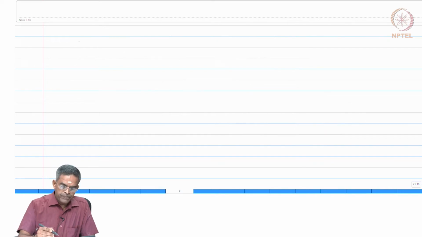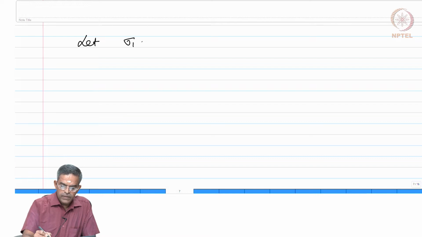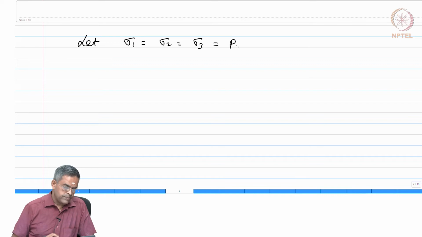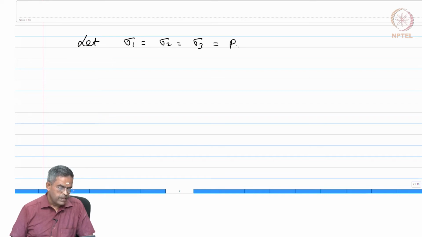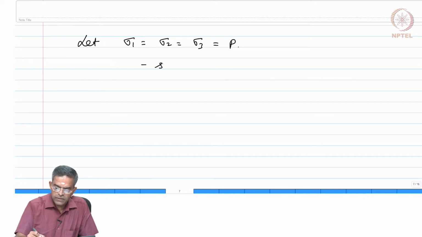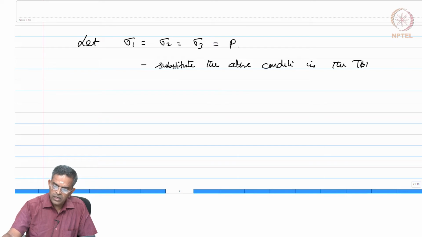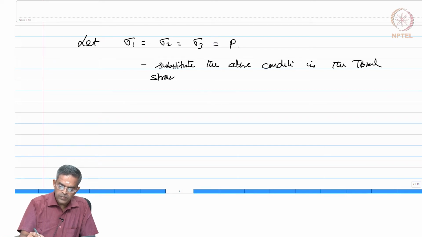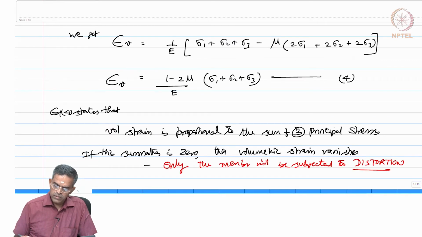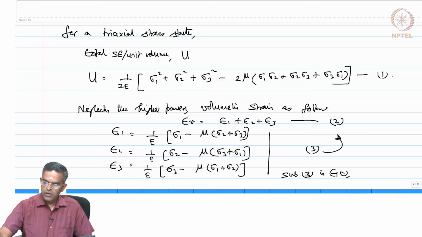Then further, let us say the stress intensities are equal. Substitute this condition in the total strain energy equation. Where is the total strain energy equation? This is equation 1, is it not?